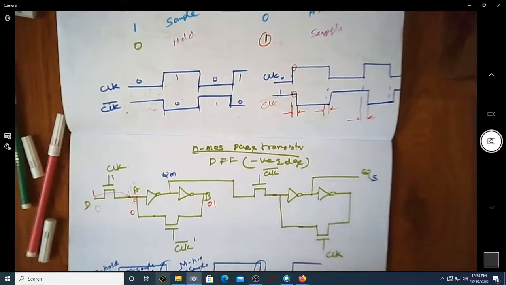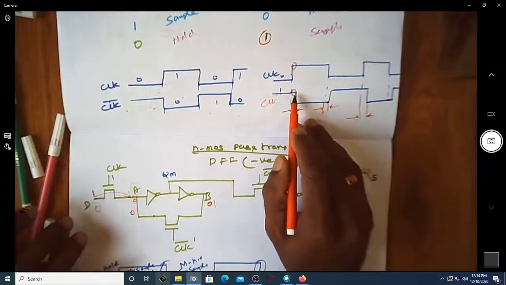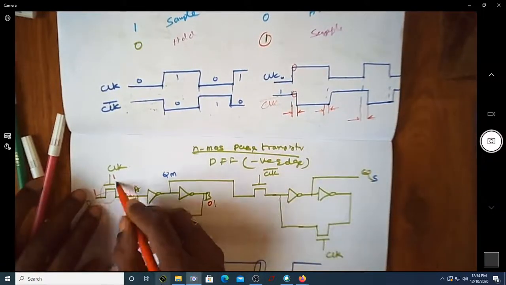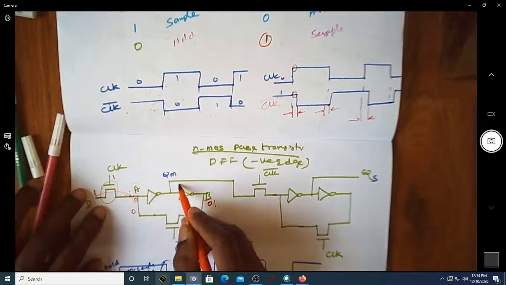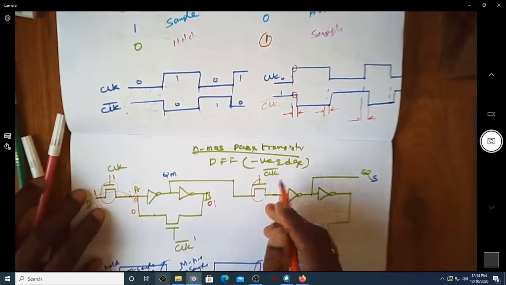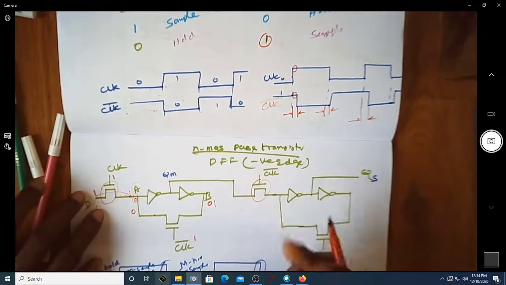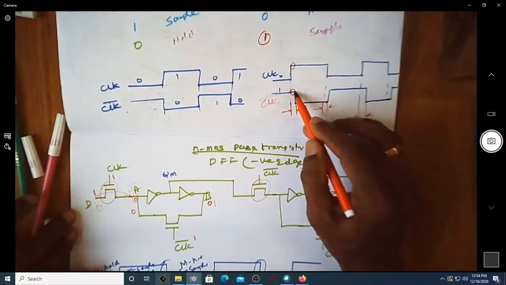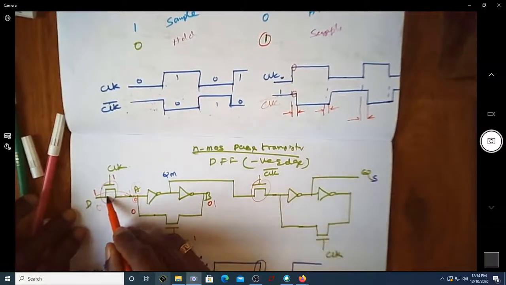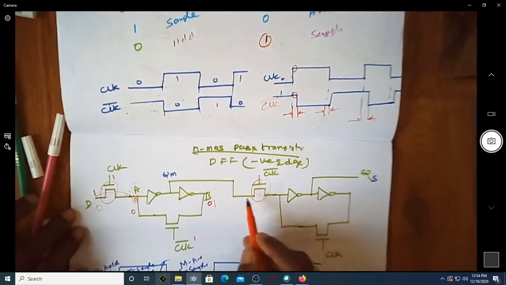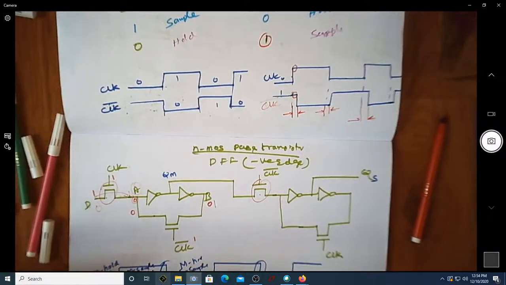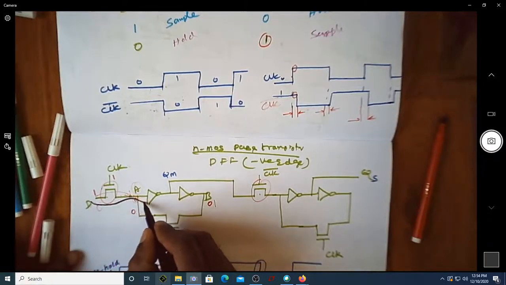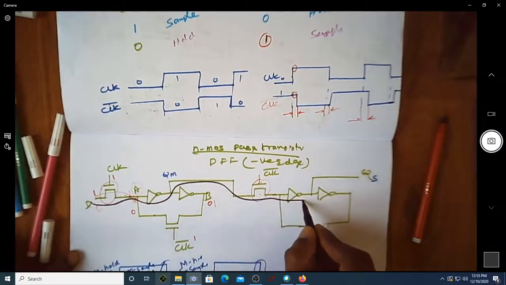Let us see what happens if both of them are 1 here. Suppose clock and clock bar are both 1. When clock is equal to 1, this is on, and the value that comes over here comes over here. Clock bar is also 1, so this is also on. Whenever clock and clock bar are both 1, both of these pass transistors are on. Can you now think of the output being directly driven by the input like this?